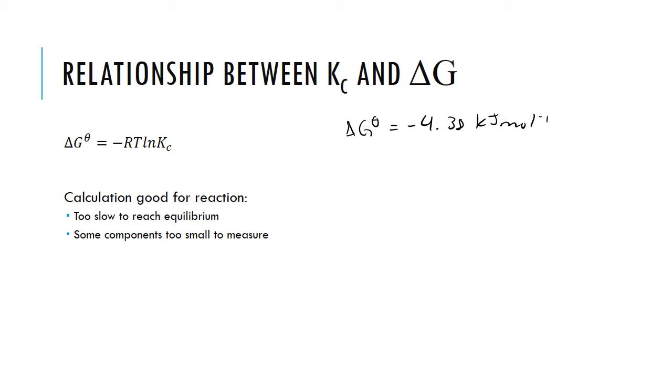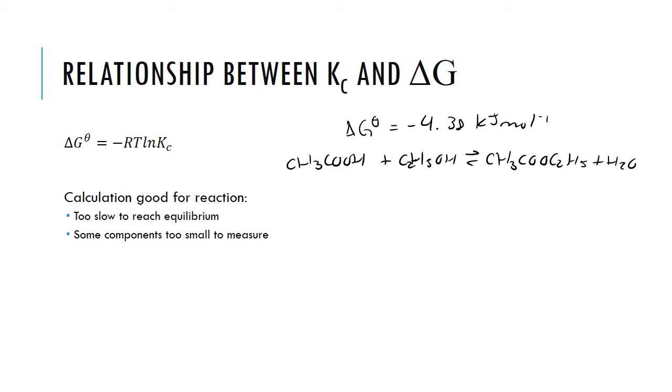We have our reaction: CH3COOH plus C2H5OH makes CH3COOC2H5 plus water. It says calculate the value of the equilibrium constant of this reaction at 298 Kelvin.